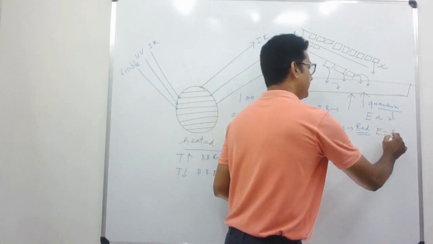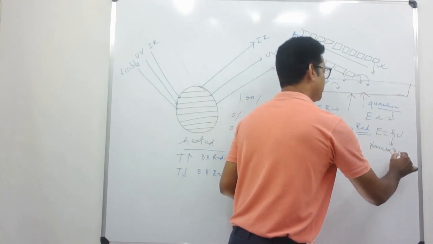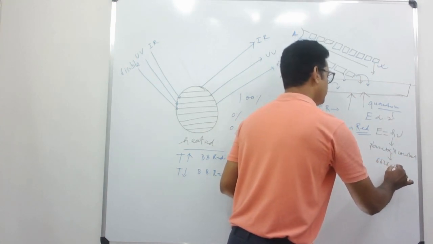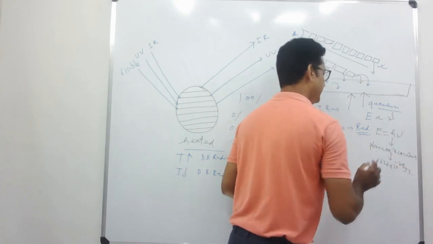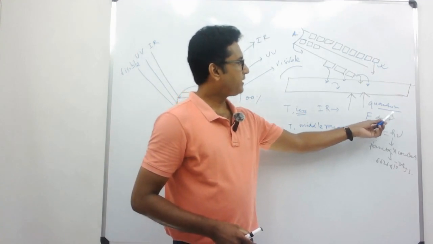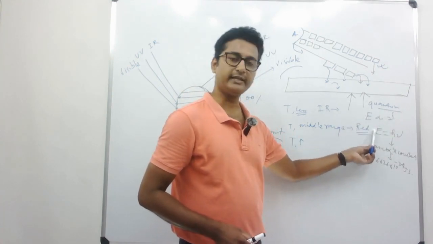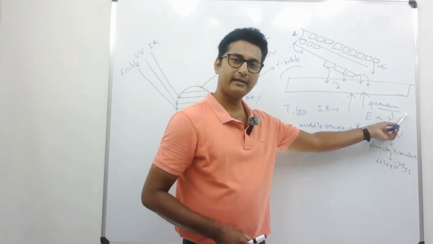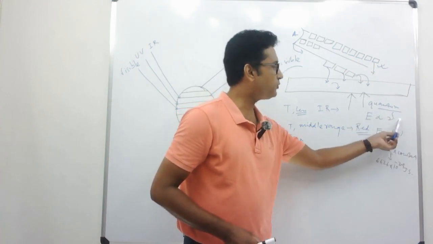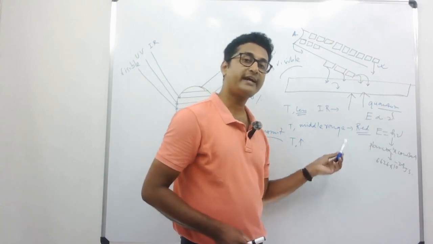So E is equal to h nu, where h is the Planck constant, and it has a value of 6.623 into 10 to the power minus 34 joule second. That means Max Planck quantified energy. He actually gave a unit of energy which has a specific amount of energy, h nu. In this way, Max Planck quantifies energy.